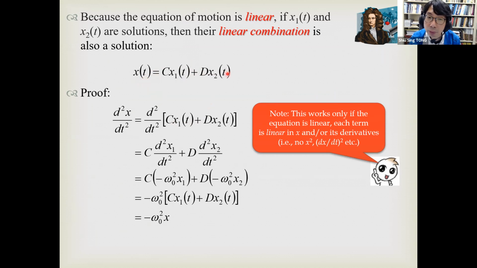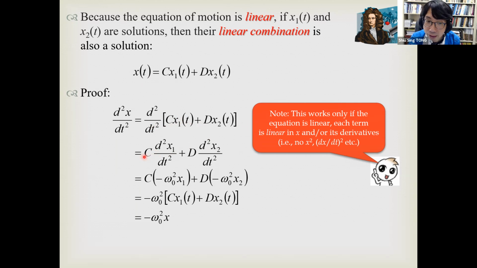We claim that this solution x also satisfies the equation. Now, how do we know that? That can be proven by a simple substitution. We substitute this x into the equation and find the second derivative of it. Of course, the second derivative will act on each of these functions, because the differential operator is linear, so it acts on each of the functions.